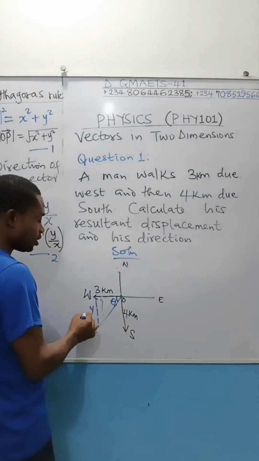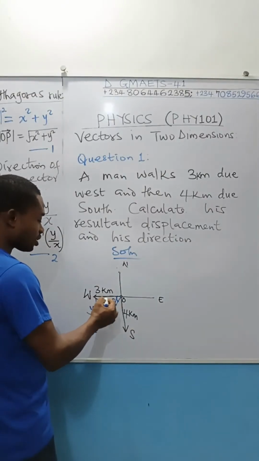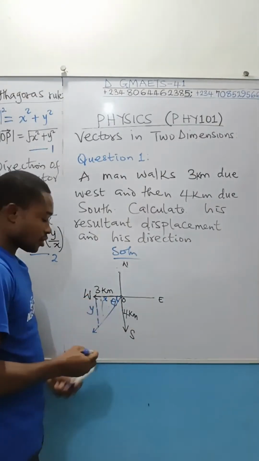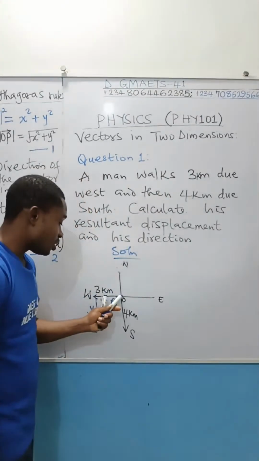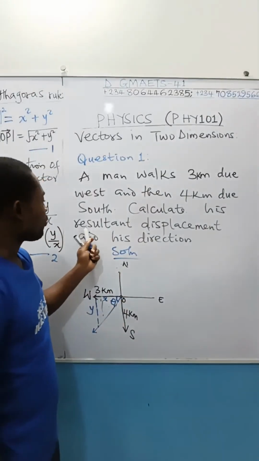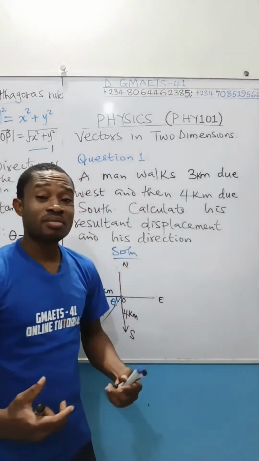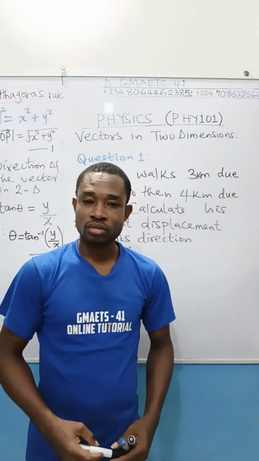This is y, and this is x. Are you following right? And so from here, you can calculate the resultant displacement. You can get the magnitude. You were asked to find the resultant displacement. It's still the same as determining the magnitude of the man's motion. All right?